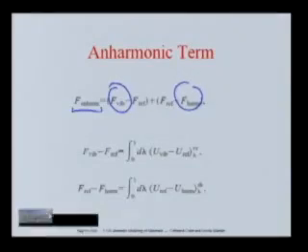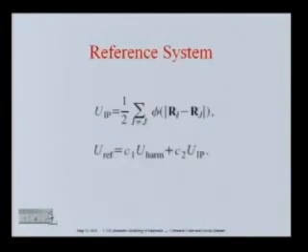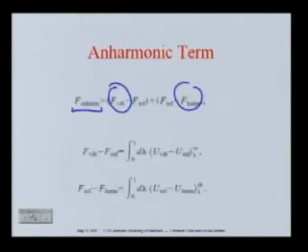And I won't go into the details of what you need to do for the case of iron, that is, what is a good potential, but people have figured out that something as simple as a Lennard-Jones-like kind of potential on top of our harmonic term is good enough to provide a reference potential.